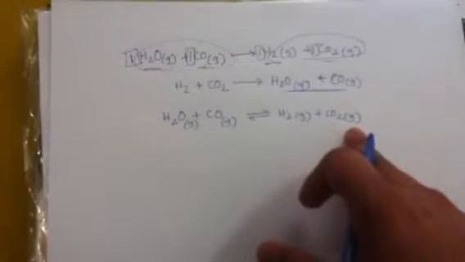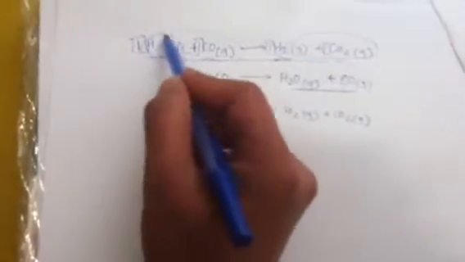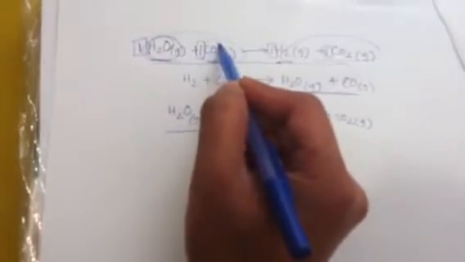It is when the concentration of my reactants and the concentration of my products are constant over time, and the rate of the forward direction, that means the rate at which water and carbon monoxide are making the products, is equal to the rate of the reverse reaction, these two equations.